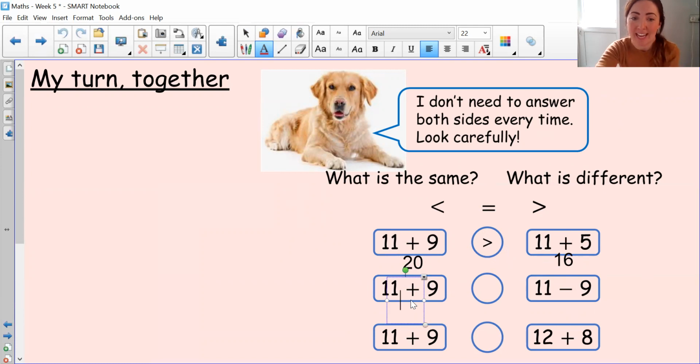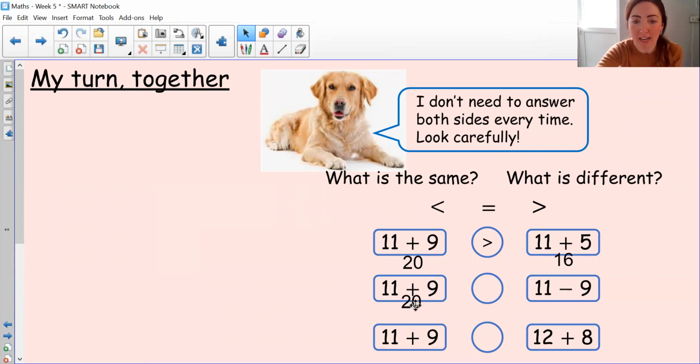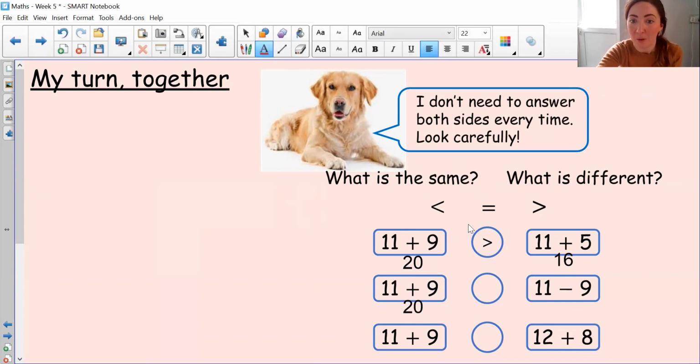Then we've got 11 add 9 again, which we know is 20. And this time we're comparing it with 11 subtract 9. So we know that 11 add 9 is 20. If we're subtracting 9, then the number must be getting smaller. It must be smaller than 11.